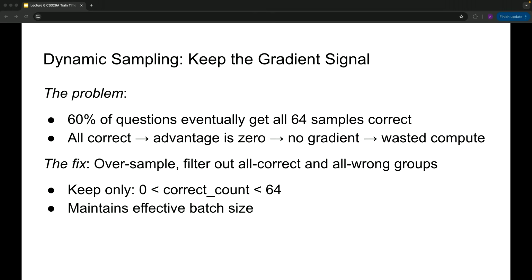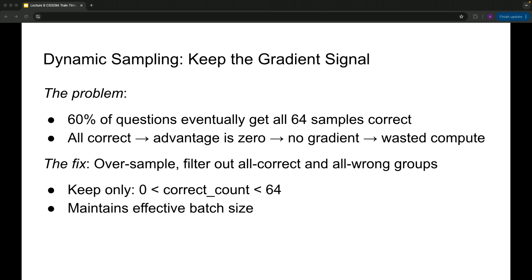A second very interesting technique, which relates to what we were talking about earlier, is called dynamic sampling. What I showed you for GRPO was that you sample 64 solutions, come up with a distribution on them, and then take a group baseline. What DAPO said was, how about we don't just use 64 samples, how about we oversample?